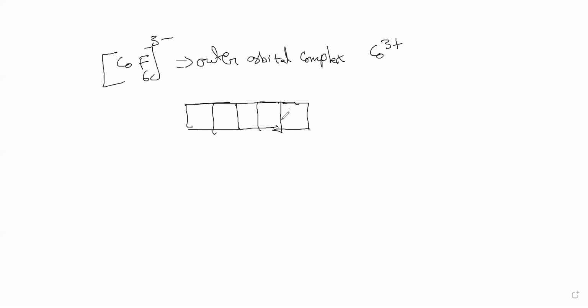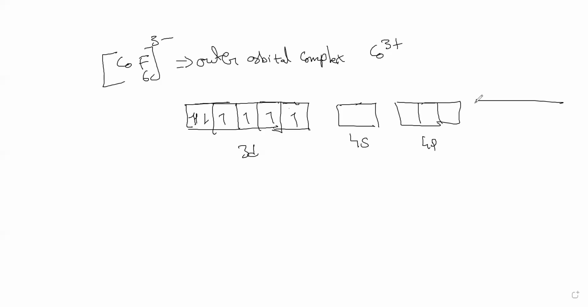1, 2, 3, 4, 5, and 6. But you have the next ones. You have the 4s, this is the 3d, and you have 4p, and the next one we consider is 4d also. I'll tell you why we have to consider this. 1, 2, 3, 4, 5, and this is the 4d.